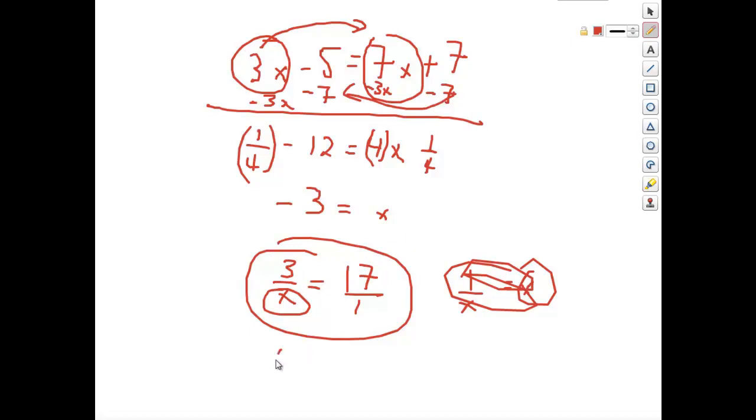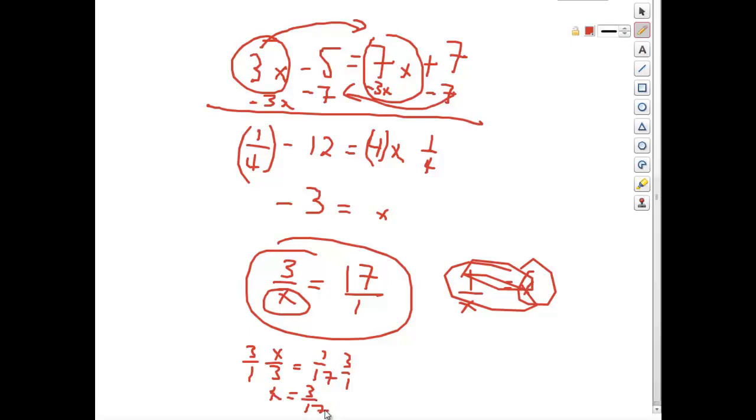So now we've got x over 3 equals 1 over 17. We can now get rid of the 3 on the bottom by using the reciprocal, which is 3 over 1. And we end up with x equals 3 over 17.